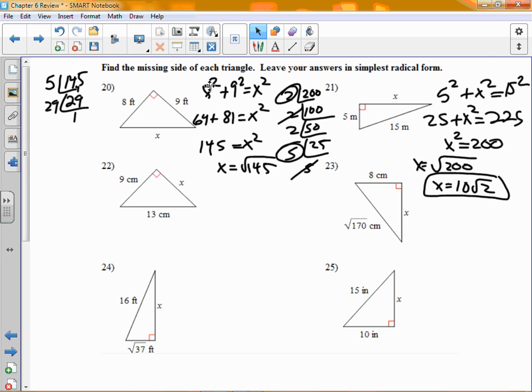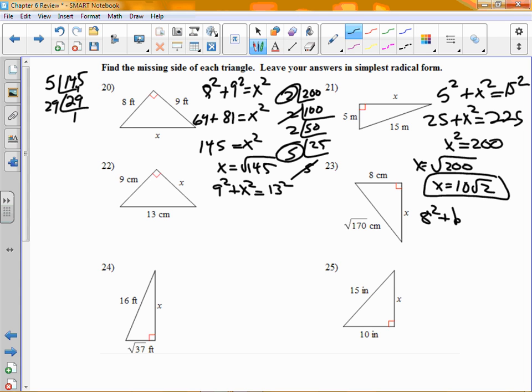9 squared plus x squared equals 13 squared. Guys, start them out the same way every time. Always start out with a squared plus b squared.